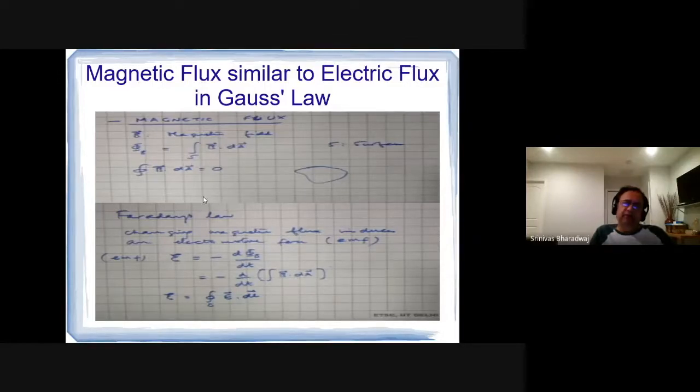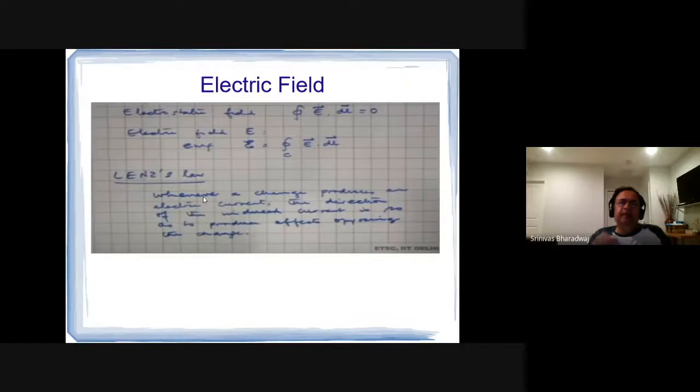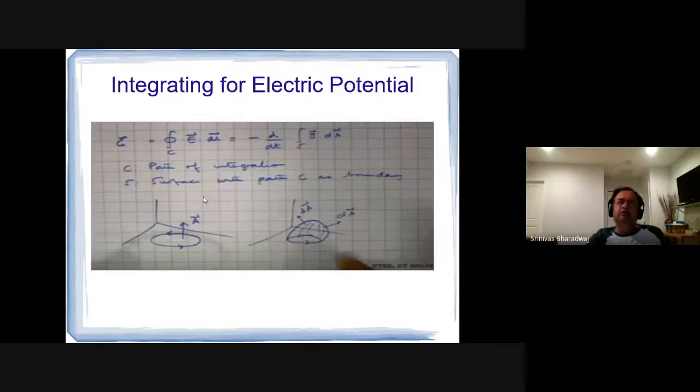Whatever flux is changing, it will then reduce the change. Whenever a change produces an electric current, the direction of the induced current is so as to produce effects opposing the change. The changing flux will be reduced. That is the basic idea.